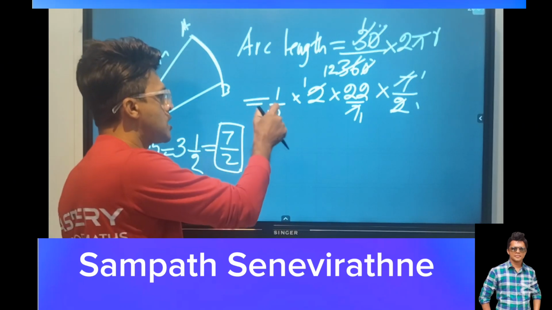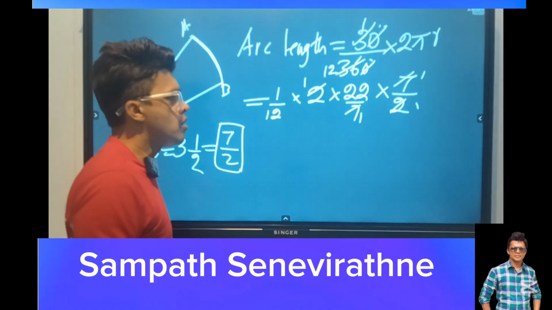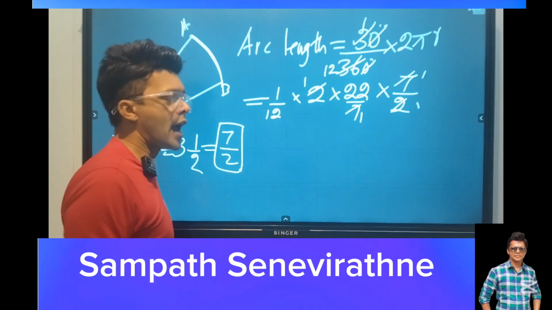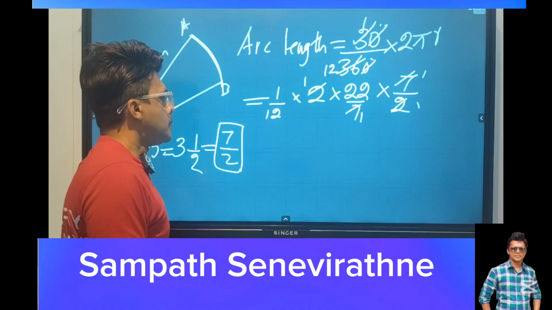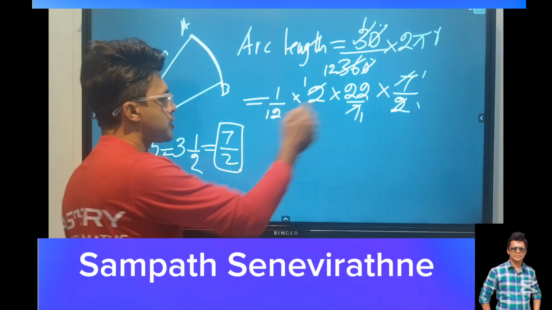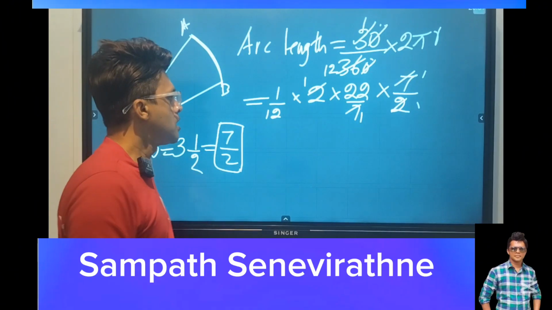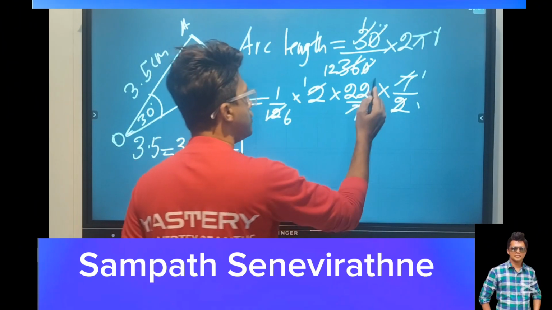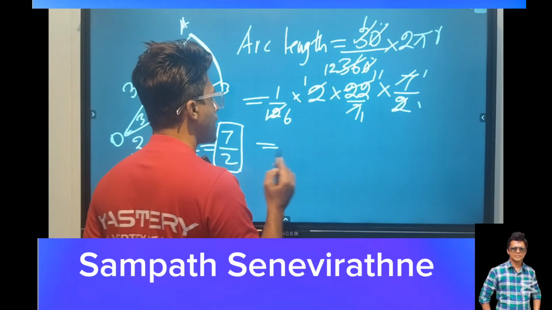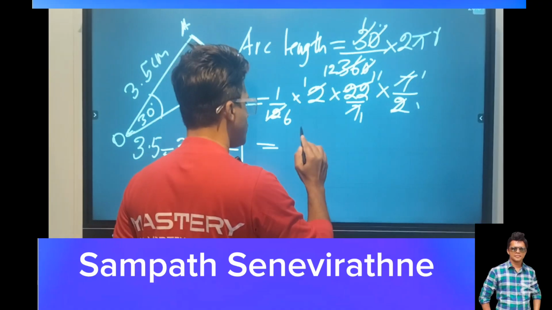As well, 12 and 22 are both multiples of 2, so we simplify to 6 and 11. So 1 times 1, 1 times 11, 11.